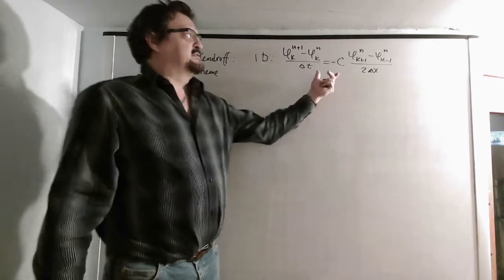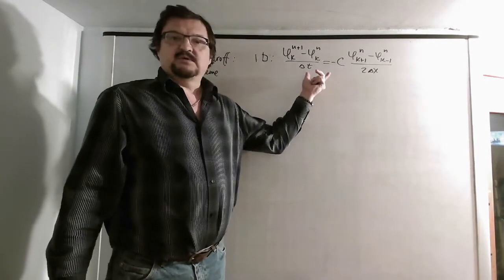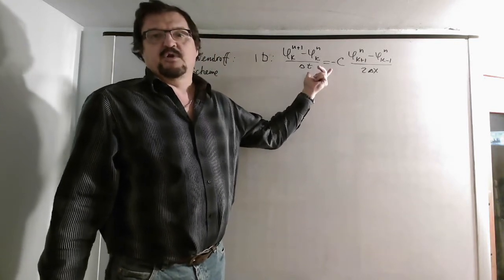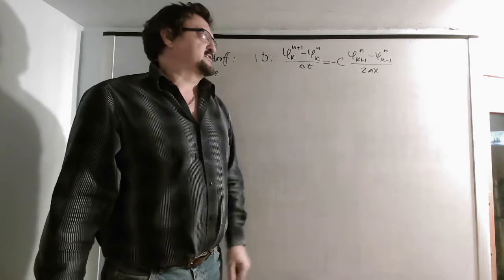Remember, on one of our previous lectures, it can be shown that if we leave it like this, the scheme is absolutely unstable. It will blow up no matter what because of this central scheme.